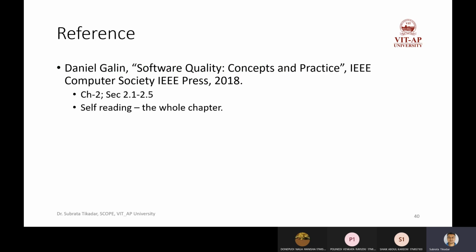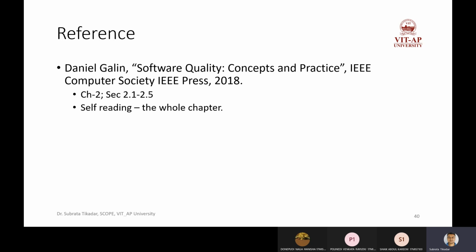Whatever I have covered in today's lecture was taken from the book Software Quality Concept and Practice, published by IEEE Computer Society and IEEE Press, written by Daniel Galin. The topics I have covered you can find in chapter 2, sections 2.1 to 2.5, and those who are interested can read the whole chapter.